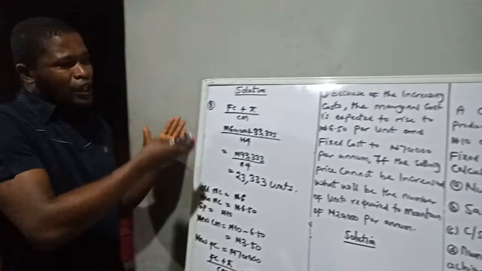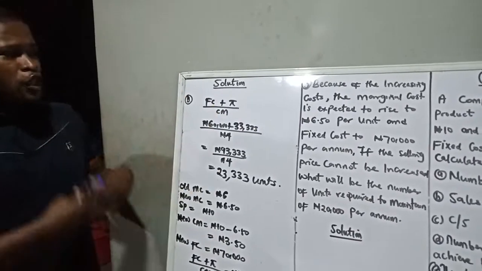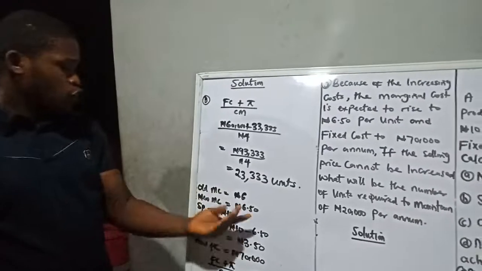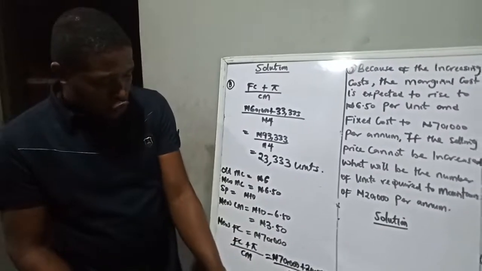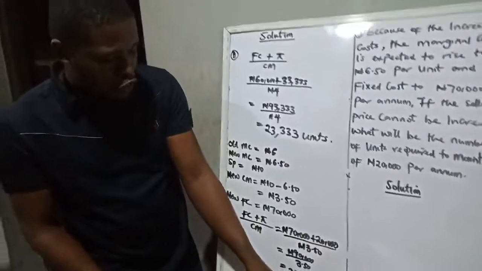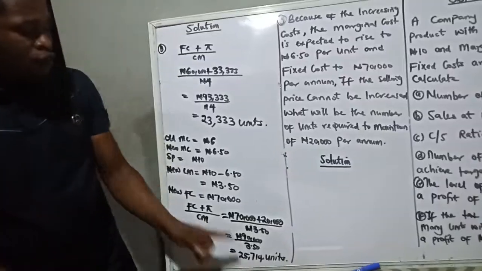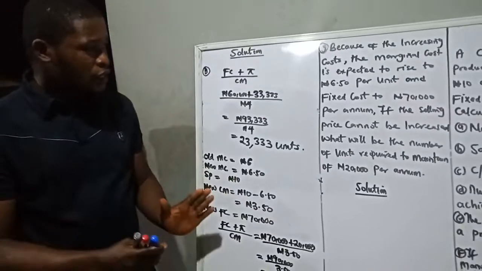So the assumptions stated earlier, you can see the limitation has already given us that they are not always correct, based on what we are seeing here. So the company needs to produce 25,714 units. If it is sales, just multiply by the selling price of 10 naira. That will give you the break-even point in sales.